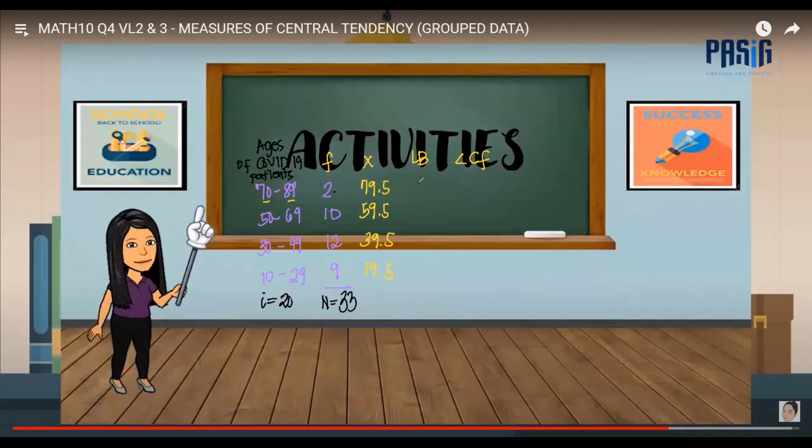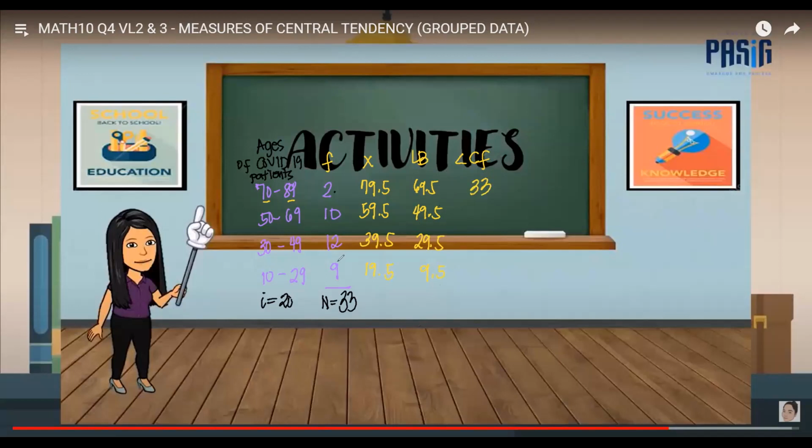Okay? How about the lower boundary? Kunin ko na lahat para mamaya dire-diretso tayo sa pagsusolve. So yung lower boundary natin, this is 69.5. 49.5 minus 20 ulit yan, 29.5. And this is 9.5. How about the cumulative frequency? Ito yung pinakamataas, so 33 yan.